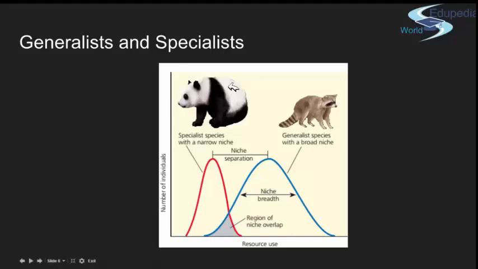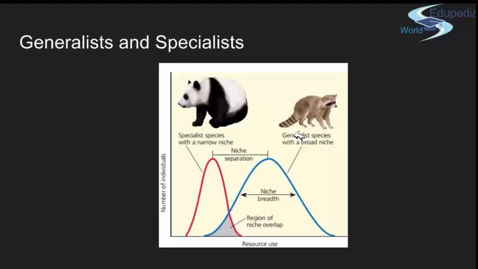And in contrast to generalists, there are specialists, as the panda shown here. Specialist species occupy narrow niches because they may be able to live in only one type of habitat and use only one or a few types of food, or tolerate a narrow range of climate and other environmental conditions. So specialist species such as the giant panda shown here have a narrow niche, and generalist species have a broad niche, as the raccoon shown here.